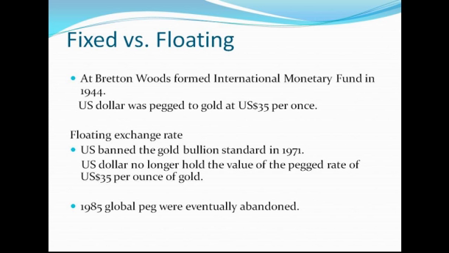Most of the countries were pegged to the US dollar at 1 ounce for $35. After 1971, the US dollar abandoned the gold bullion standard, so the US dollar no longer held the value of 1 ounce equal to $35, and it started the floating exchange rate.